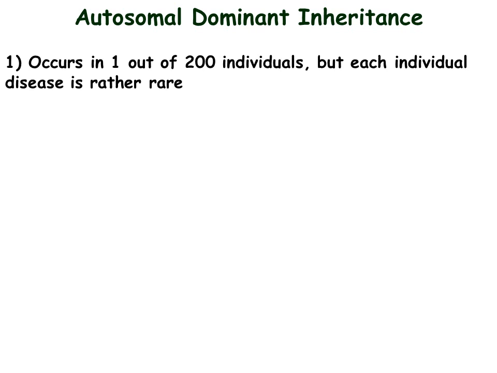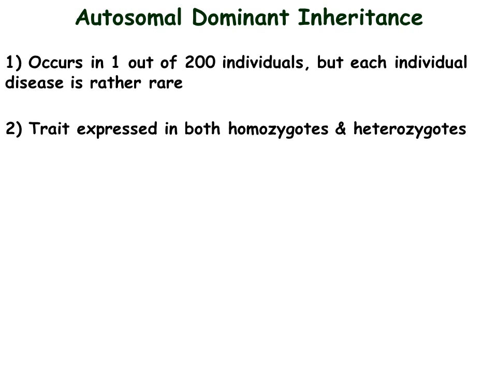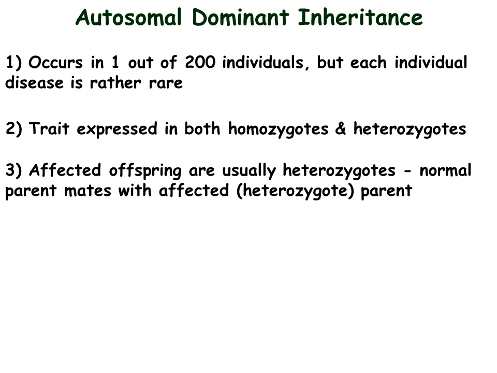Well, this leads us to looking at autosomal dominant inheritance patterns. These occur in 1 out of 200 individuals, but each individual disease is actually rather rare. Obviously, because the trait is dominant, it is going to be expressed in both homozygotes and heterozygotes.